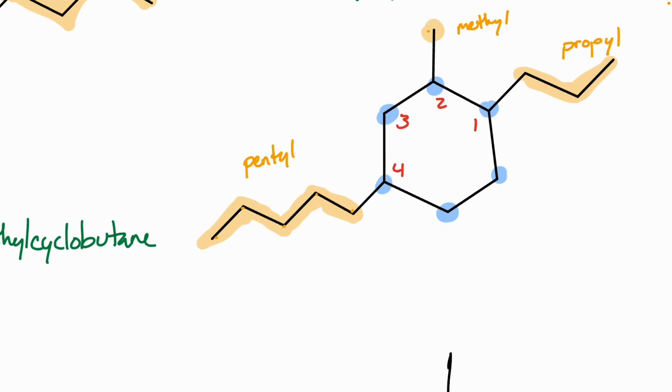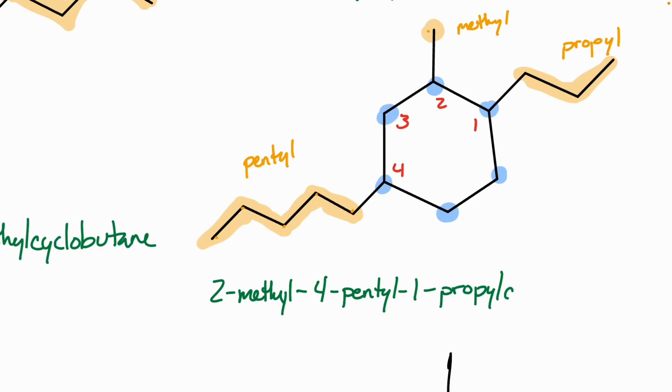So methyl will come first. This will be 2-methyl. What's next? Pentyl? 4-pentyl. 1-propyl. Cyclohexane.